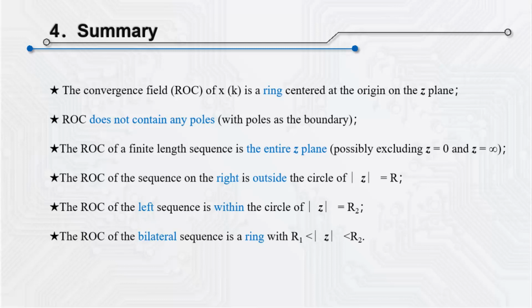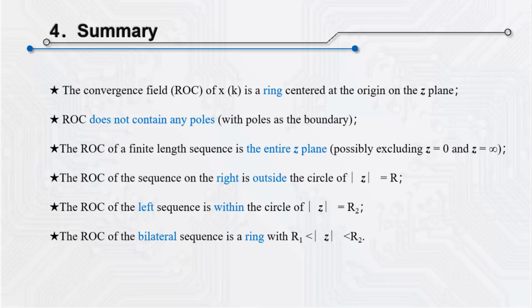Its general case is that the convergence domain does not contain any poles. The poles correspond to the convergence boundaries. Specifically, for a finite length sequence, the convergence domain is the entire Z-plane. It is possible to discuss the zero point and the infinity point.